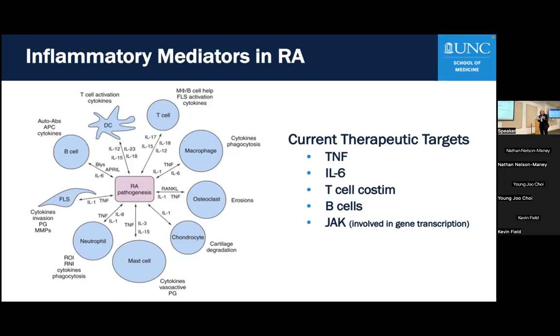And if we inhibit TNF, we can inhibit inflammation at all of these levels. Same is true at IL-6. You can see that IL-6 here is important in B cell activation, as well here in macrophage activation. So all of these medicines which affect these cytokines can affect the immune system and our response to whatever it is that's turning it on.